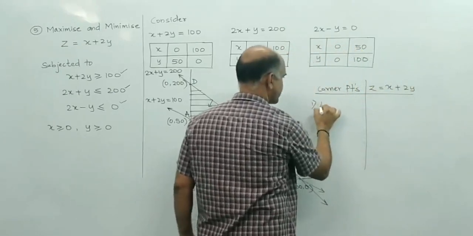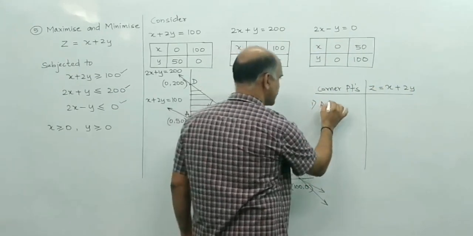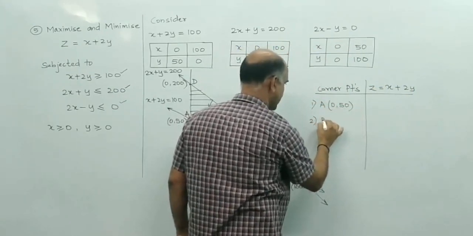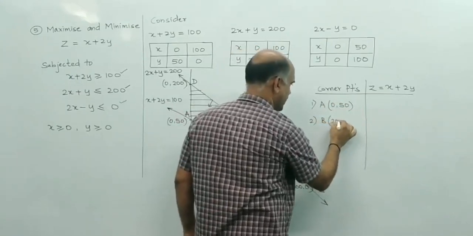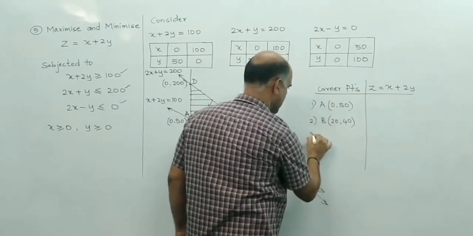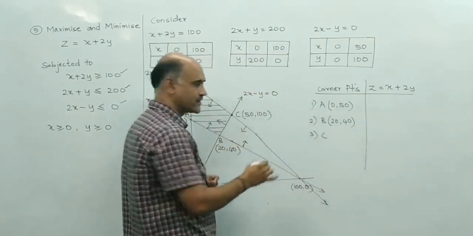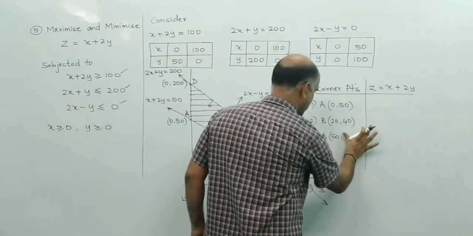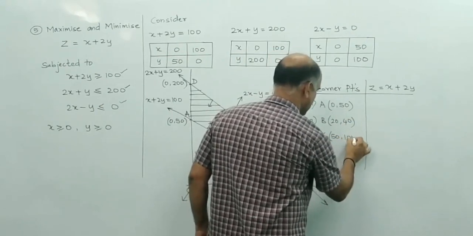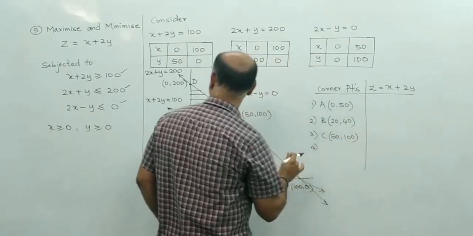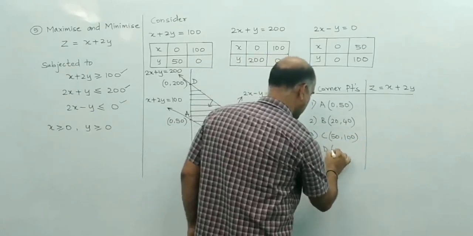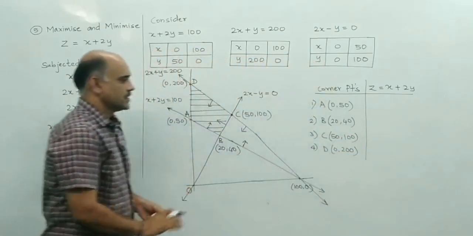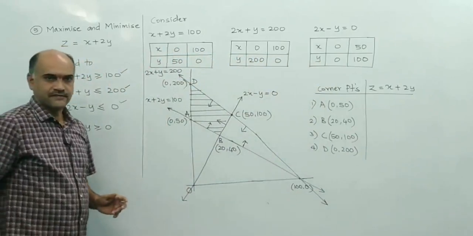Corner points are first A 0, 50, second B 20, 40, third C 50, 100, then fourth D 0, 200. Now substitute all those values and find z.